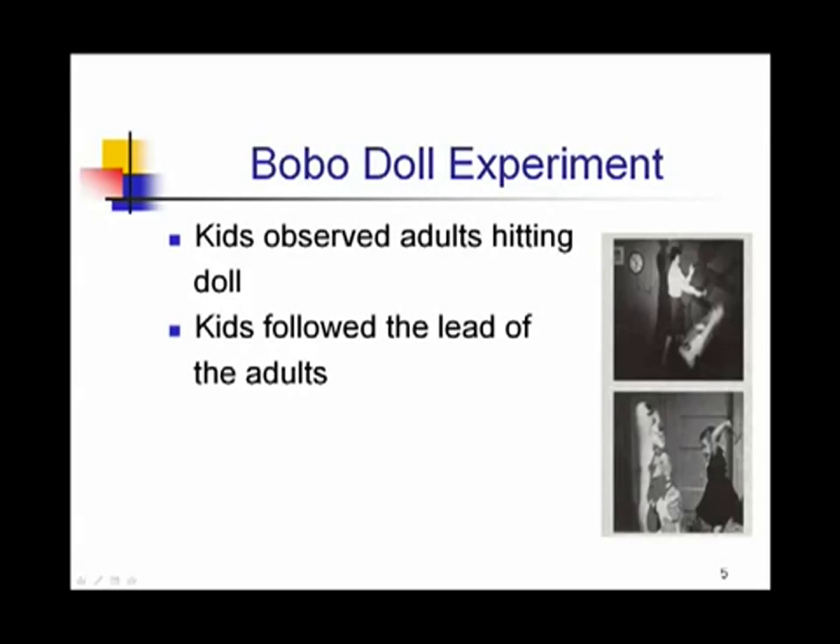So when the adult was hitting the doll, the kids followed the lead of the adults. 88% of the kids imitated the behavior of the adults based on his study, and within 8 months, 40% of those students still continued to do the same thing. So this kind of led to the understanding that there is an important connection between learning and observing others.